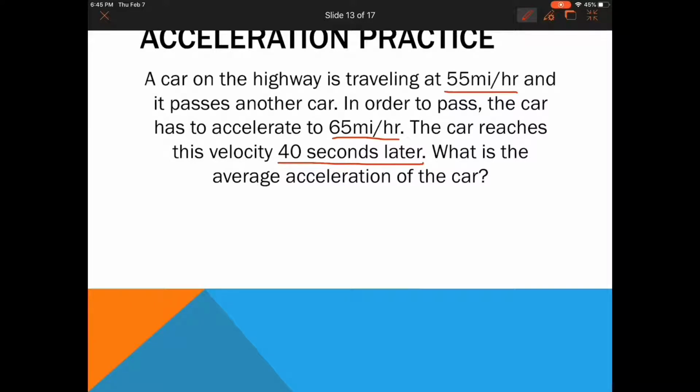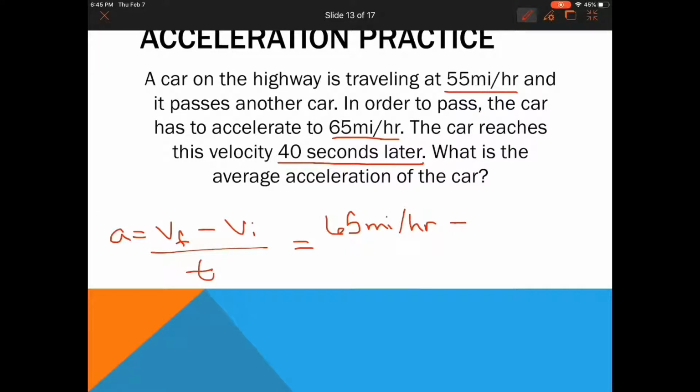So remember, our acceleration equation is acceleration equals velocity final minus velocity initial over time. So in this case, our final velocity is 65 miles per hour because that's what they needed to get up to pass their car.